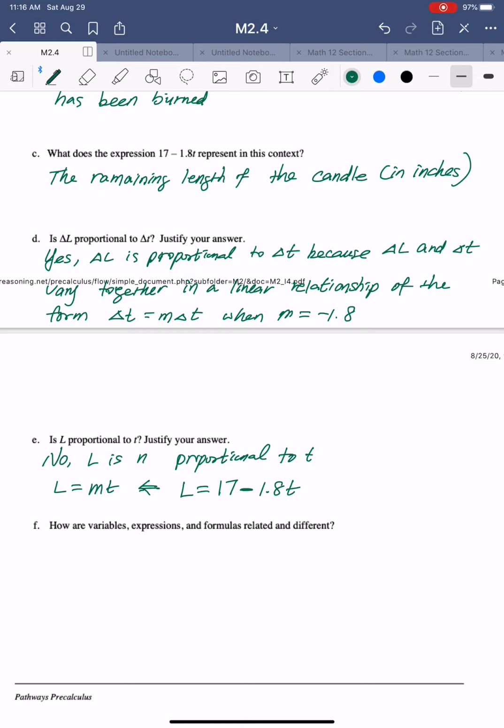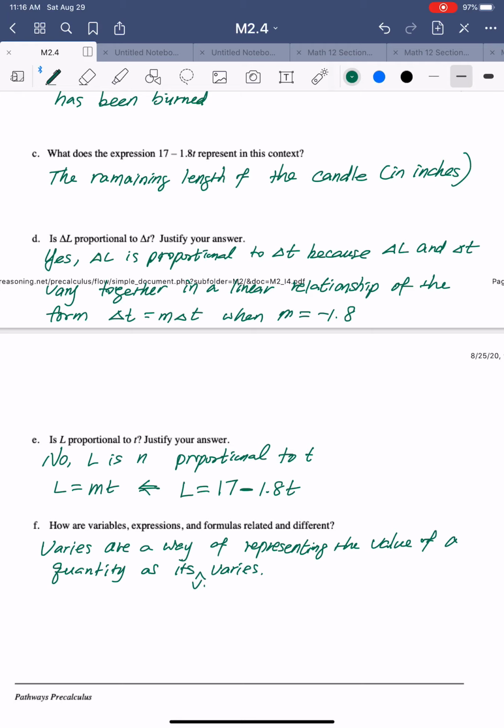So how do variable, expression, and formula relate and differ? A variable is a way of representing the value of a quantity, and its value varies. An expression is made by combining variables, constants, and numbers, and it is useful in applied problems to represent a new varying quantity in the problem context.